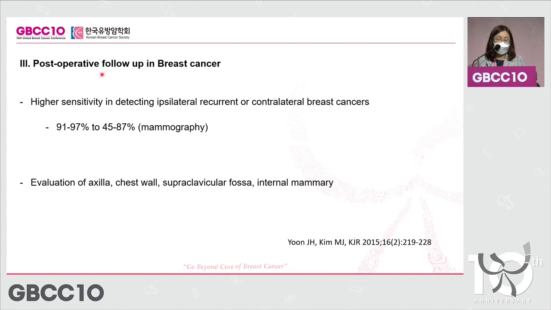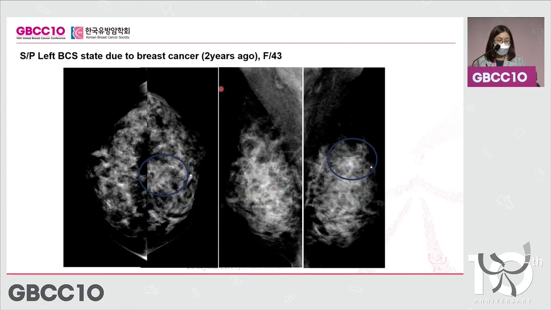And lastly, the post-op follow-up in breast cancer. Rather than a mammography, the ultrasound has better sensitivity, and for the evaluation of the axilla and the supraclavicular fossa, you can opt for ultrasound.